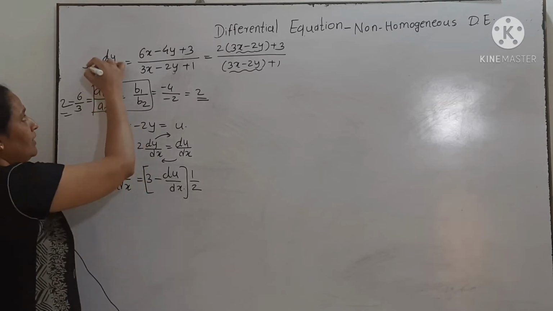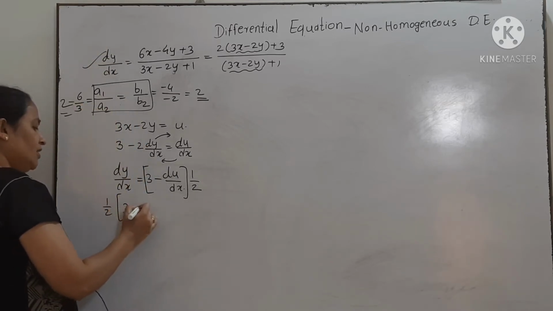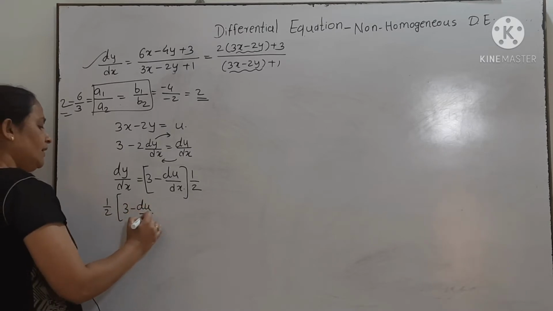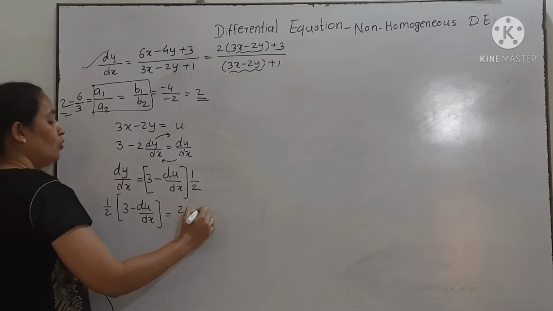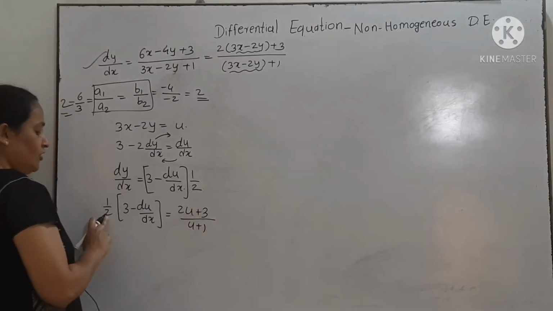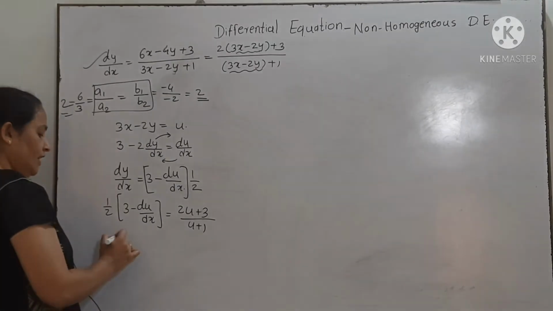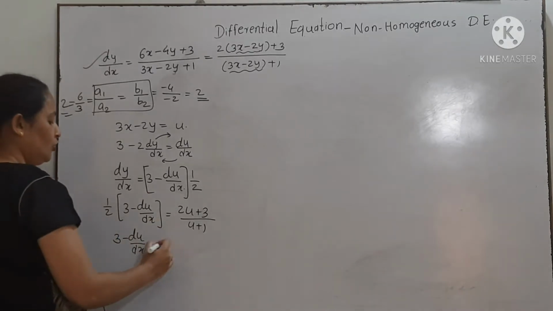Substitute this value in this equation. You will get half in bracket 3 minus du by dx equal to (2u plus 3) upon (u plus 1). First we will transfer this half. It is 3 minus du by dx equal to, this is in the denominator, it will be multiplied to the numerator.